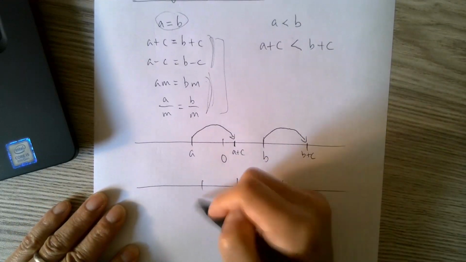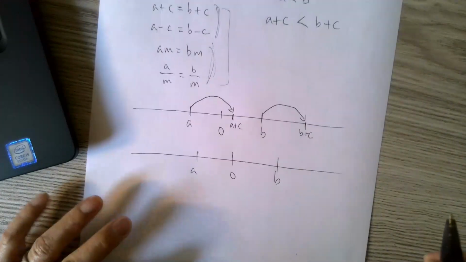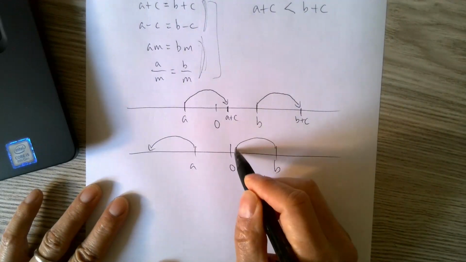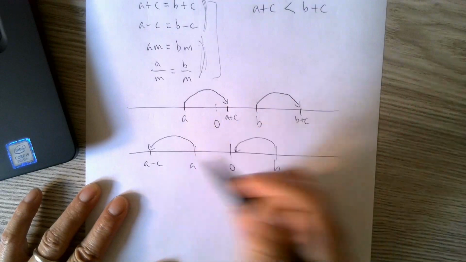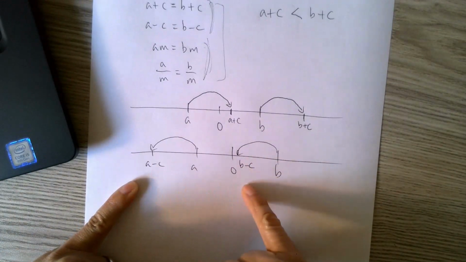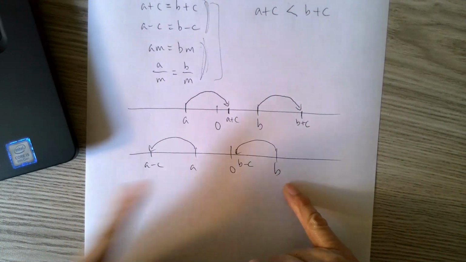Now let's say I subtract some number, then they both jump to the left. A minus C will be here, B minus C will be here, and they will be the same distance from each other as A and B were.